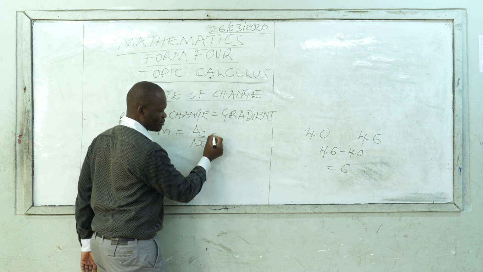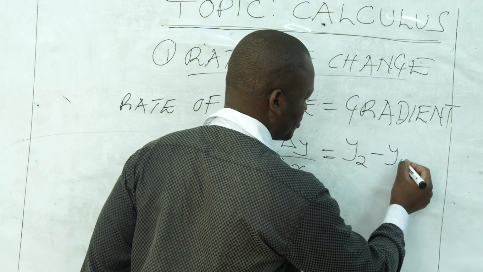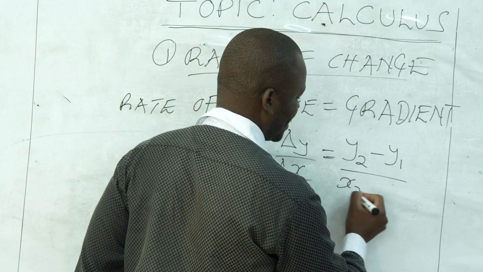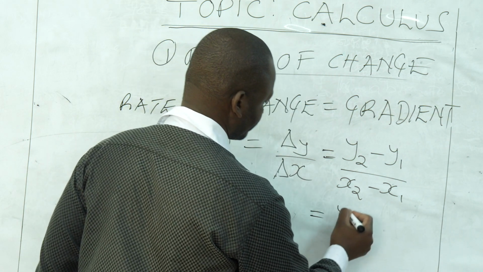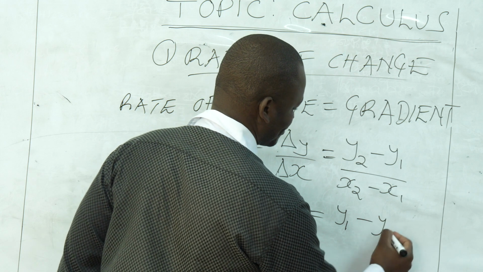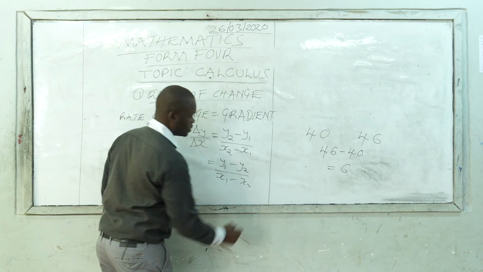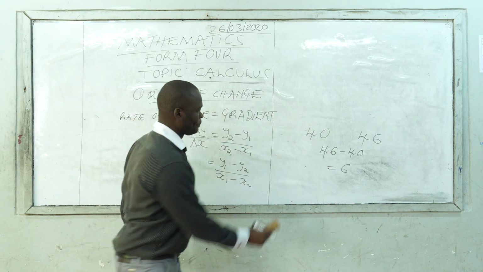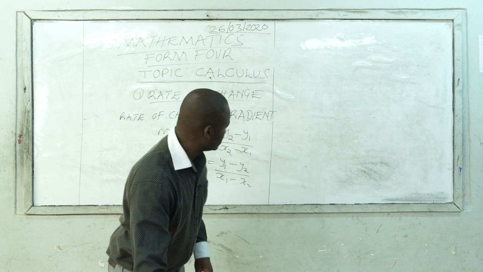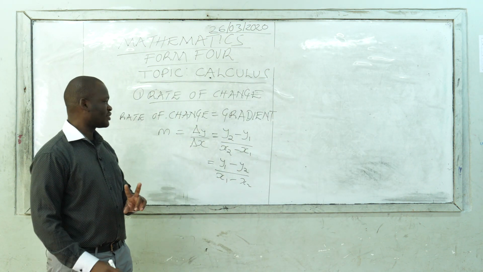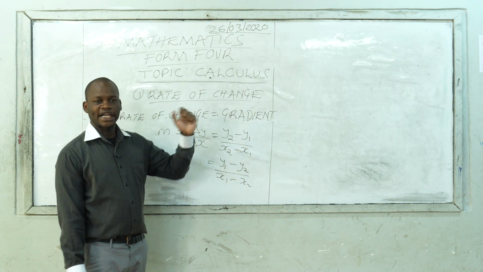That means the formula can be extended to y2 minus y1 over x2 minus x1, or y1 minus y2 over x1 minus x2. Now, in this formula of getting the gradient, I insist we have two critical things. Number one, it is change in y over change in x and not the reverse.